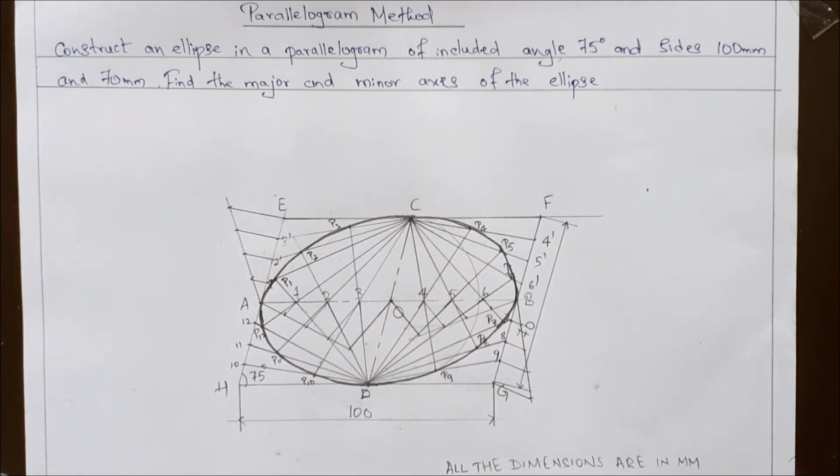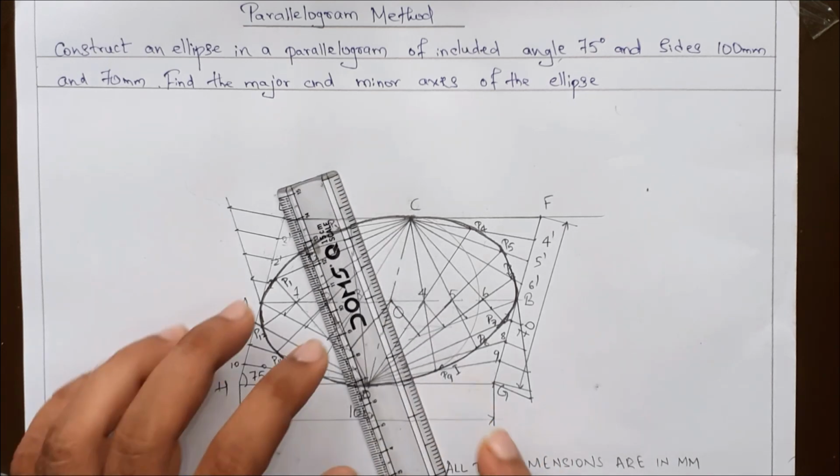So now let us name this particular point as I. Then join the points C and I, like this.